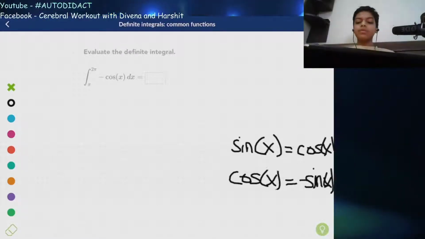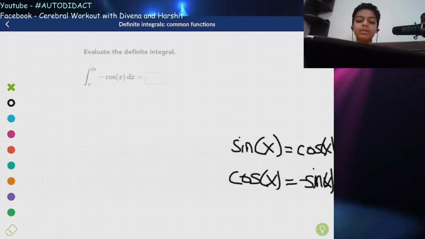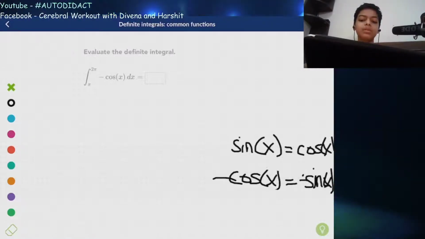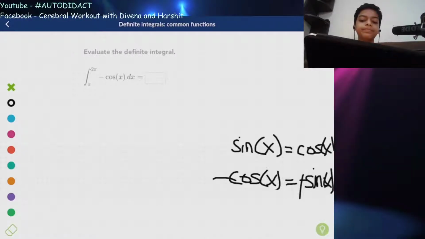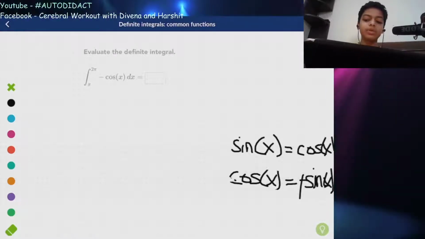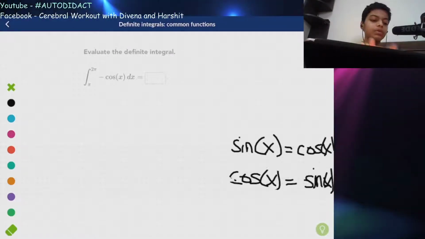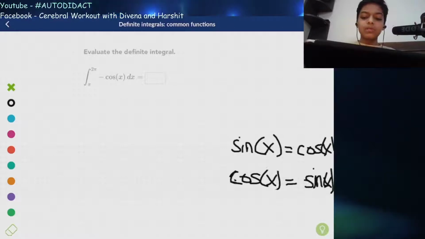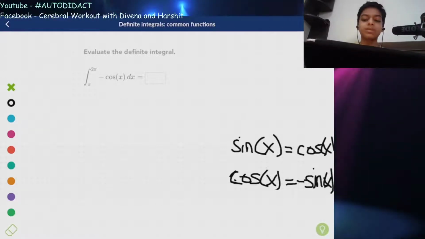If we want to find that, then the derivative of negative cosine of x will be equal to positive sine of x. So this is cosine of x, this is negative sine of x.